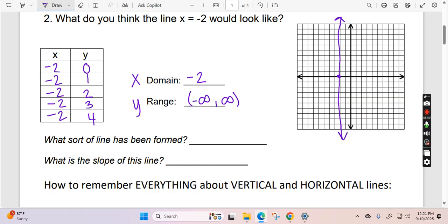Okay, so if we're looking at this line, have we created a horizontal line or a vertical line? Okay, we created a vertical line. And what is the slope of this line? Undefined. Okay, a horizontal line has a slope of 0. A vertical line has a slope of undefined.